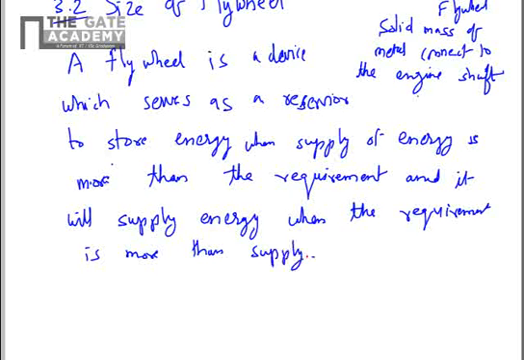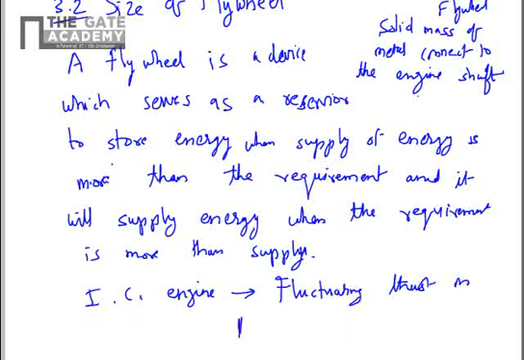So this comes in picture partly with respect to IC engines, normally not in gas turbines or other engines which are providing a constant thrust, because in an IC engine we have a fluctuating thrust on the output shaft. Why is this?